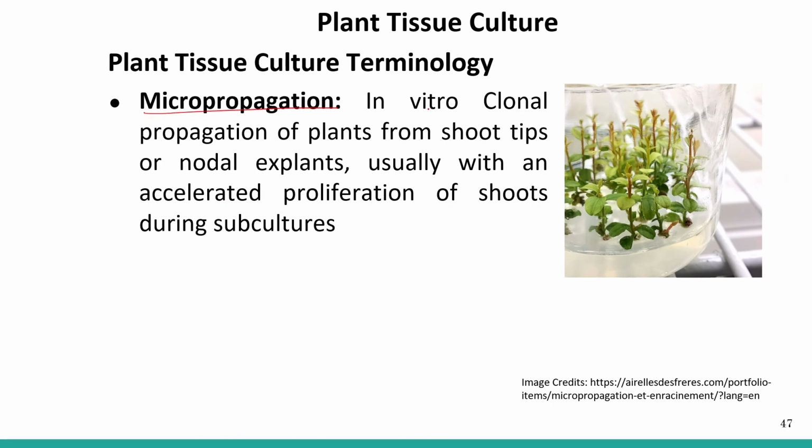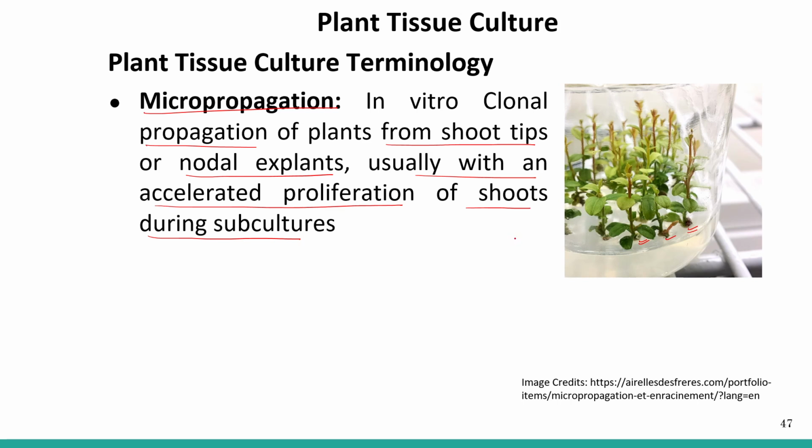Micropropagation: in vitro clonal propagation of plants from shoot tips or nodal explants, usually with an accelerated proliferation of shoots during subcultures. So here you can see micropropagation, the clonal propagation of the plant from shoot tips or nodal explants, whatever explant we are using.